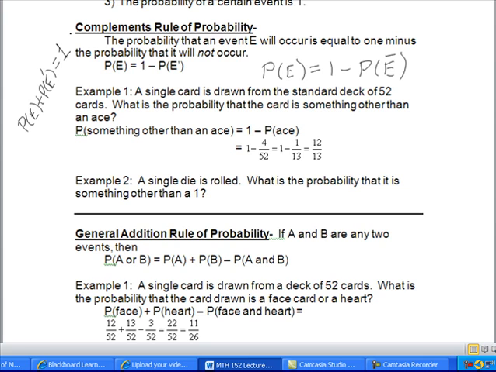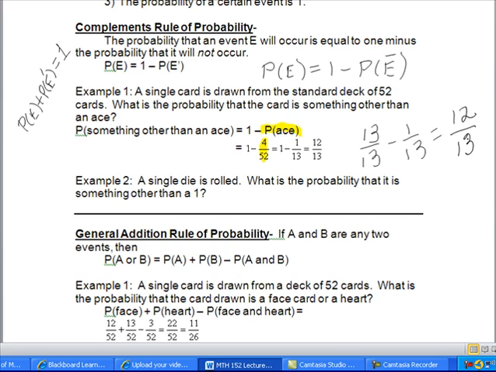In our deck we have 4 aces, so the probability of getting an ace would be 4 out of 52. That reduces to 1/13, and 1 minus 1/13 is 12/13. Remember that 1 we can represent as 13/13 minus 1/13. 13 minus 1 in the numerator is 12/13.